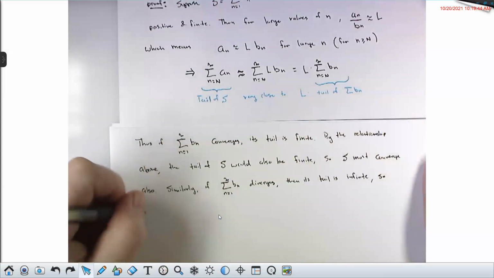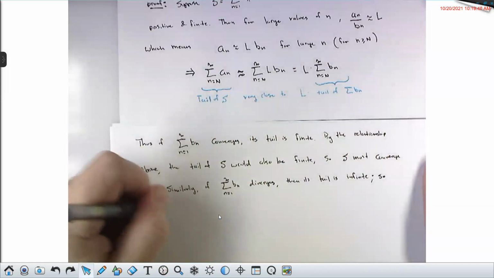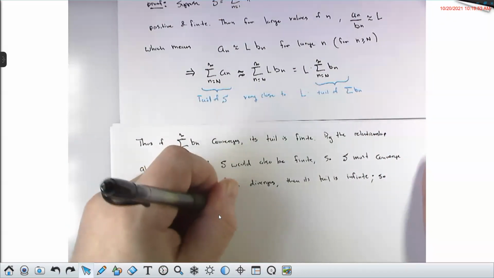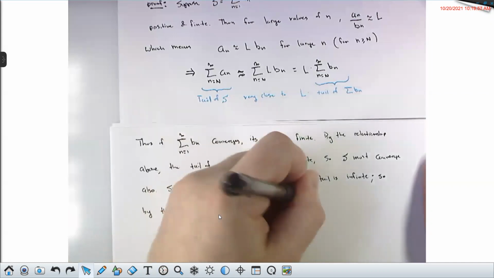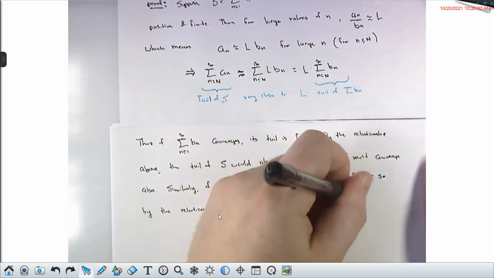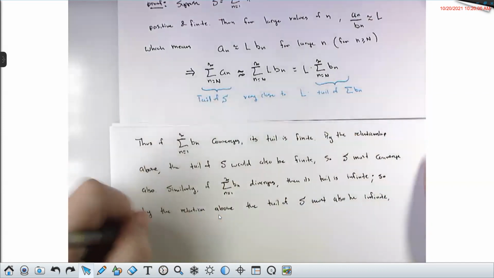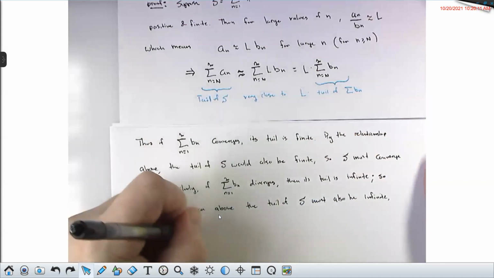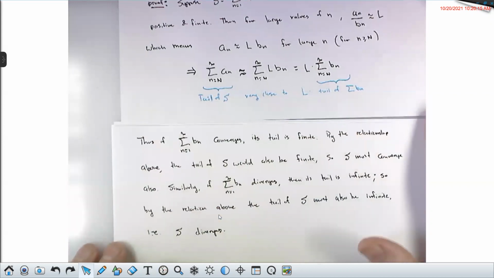So by the relation above, the tail of S would also be infinite, i.e., S diverges. So that's the big deal.